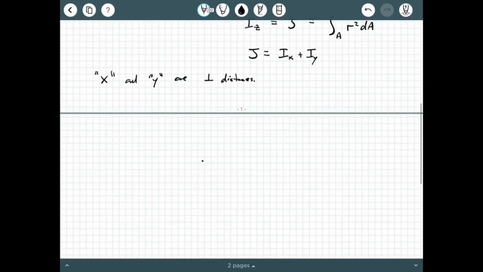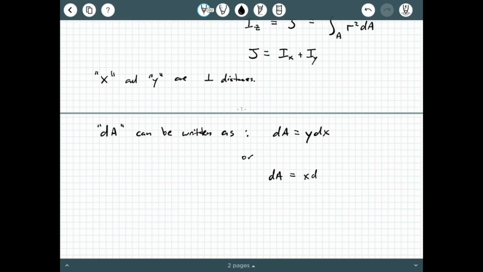So in general, dA can be written as either dA equals y dx or dA equals x dy. And how do you know which one to write it as? Well, it doesn't really matter, but one way will be smoother going for you than another way.